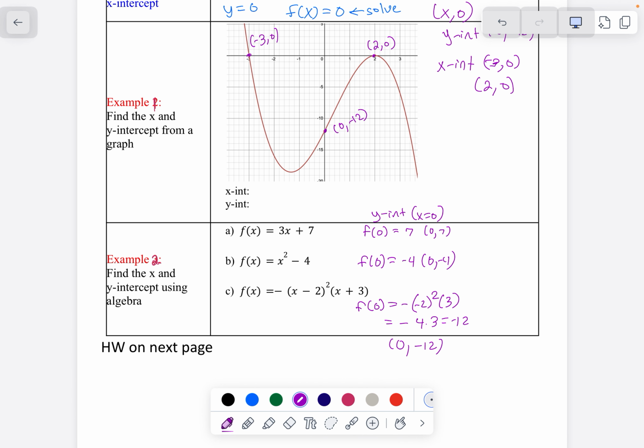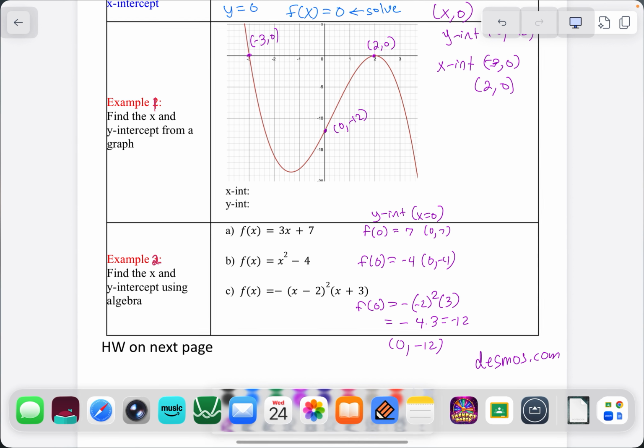So if you want to open up a tab to desmos.com, one of the options says graphing calculator, and one says scientific calculator, I believe. Go to the graphing calculator for me. Okay, so desmos.com, and then let's practice entering those.